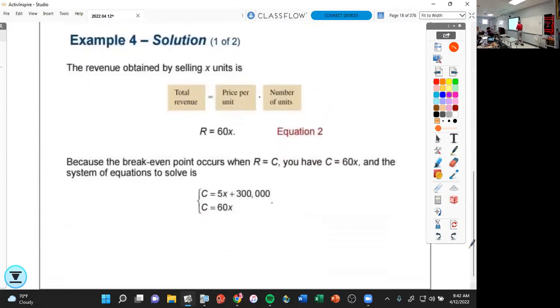The revenue equation, the total revenue is R equals 60x. Because the break-even point occurs when R equals C, we can change R equals 60x to C equals 60x, because if the cost equals revenue, right? Which means my two equations now are C equals 5x plus 300,000, C equals 60x.